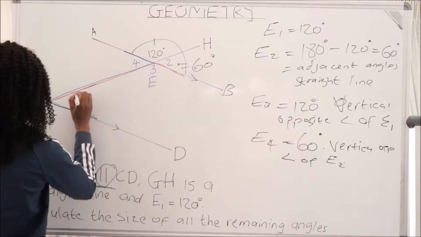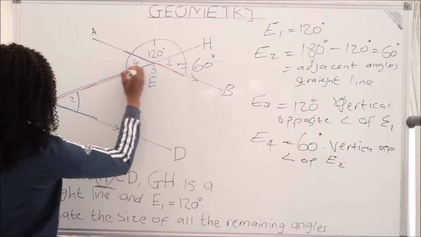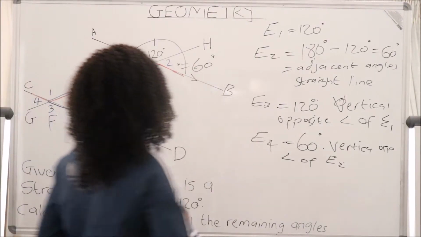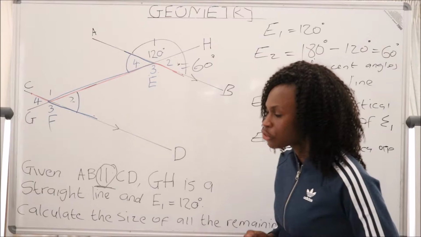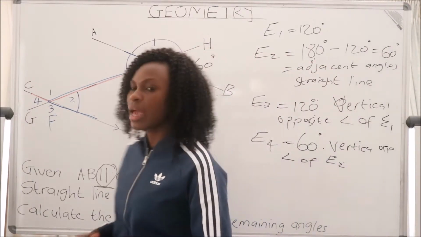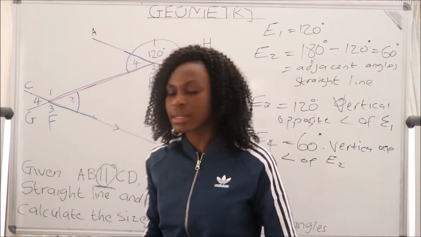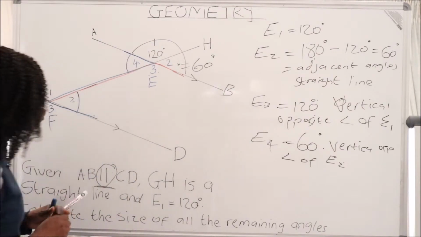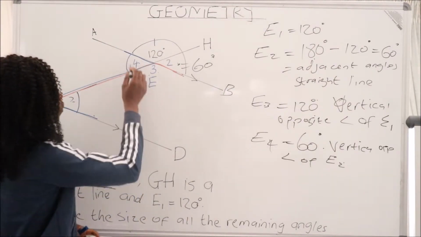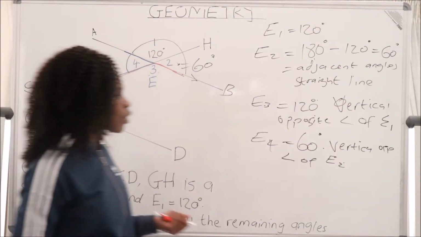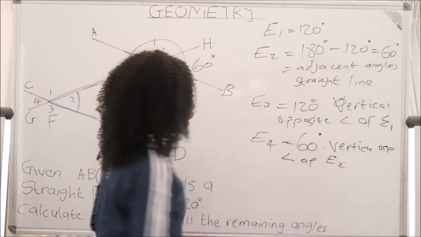This forms a Z. So this angle here is equal to that angle there. So now we know that E4 is equal to E2, and the reason they are equal is because they are alternate angles. So since we know E4 is 60 degrees, and we got 60 degrees because it's vertical opposite to the angle of E2.